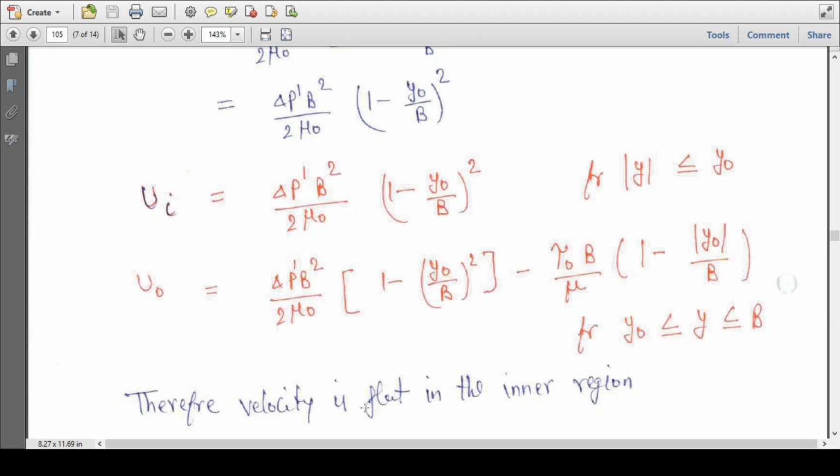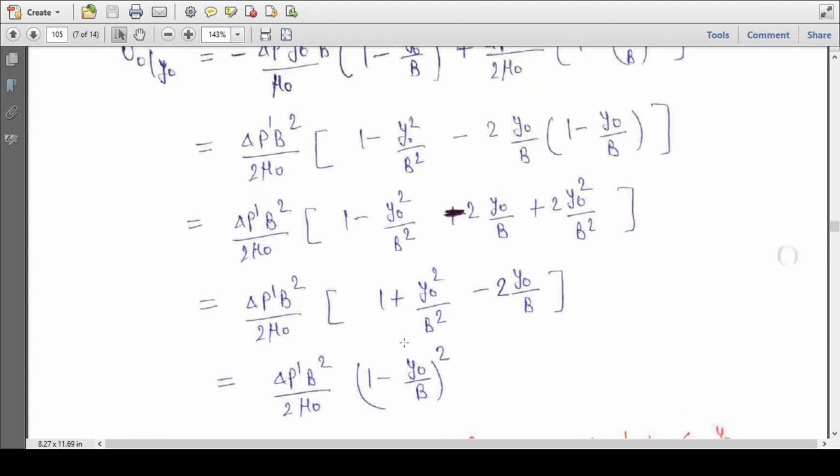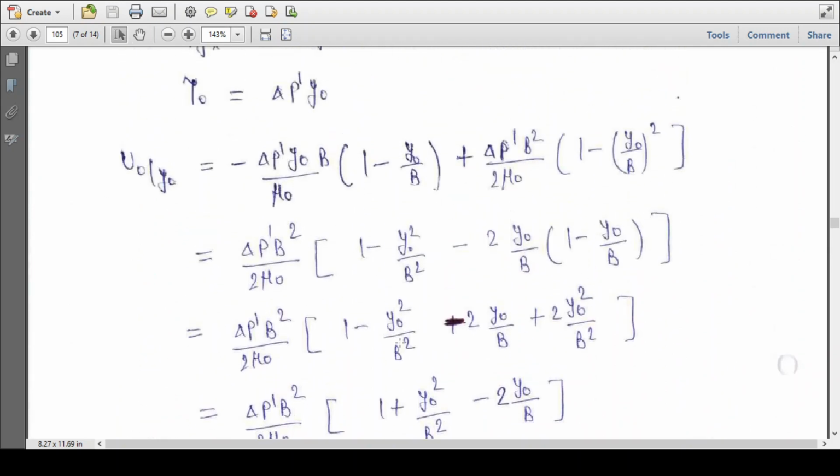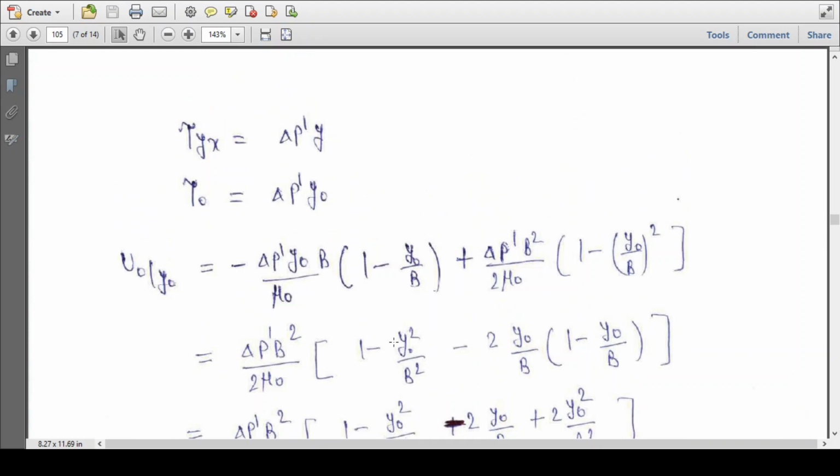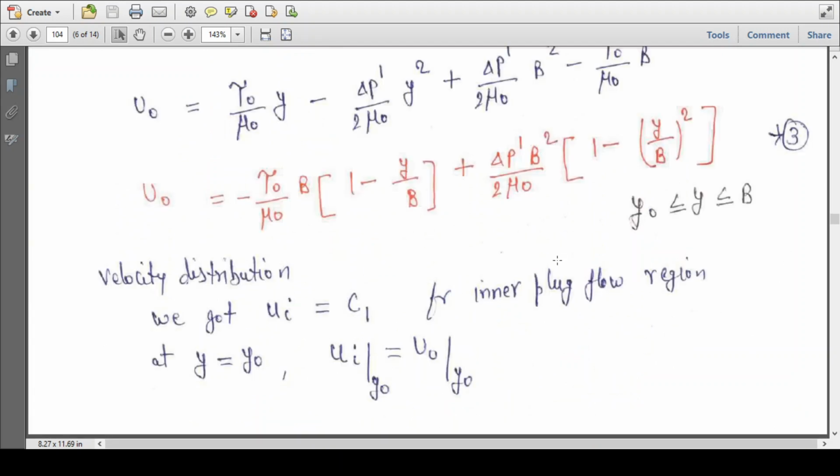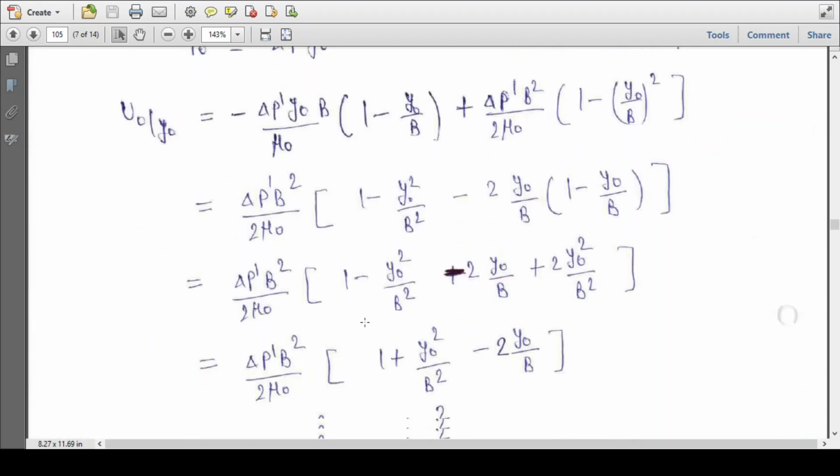Therefore the velocity profile is flat in the inner region because it is not variable, and for the outer region it is changing. So this is the velocity for the outer plug flow, minus tau naught upon mu naught b, 1 minus y upon b, delta p dash b square over 2 mu naught, and 1 minus y upon b whole square.